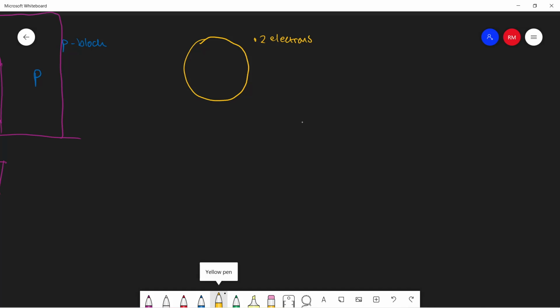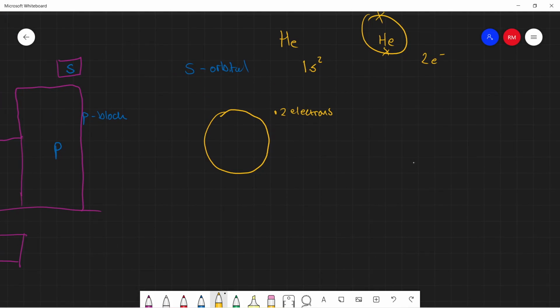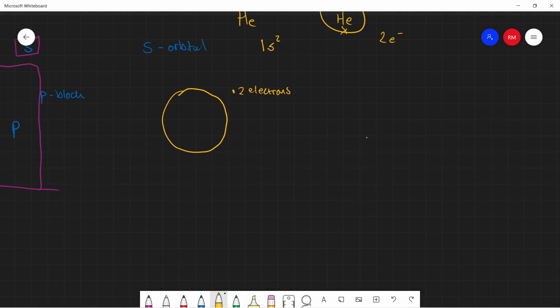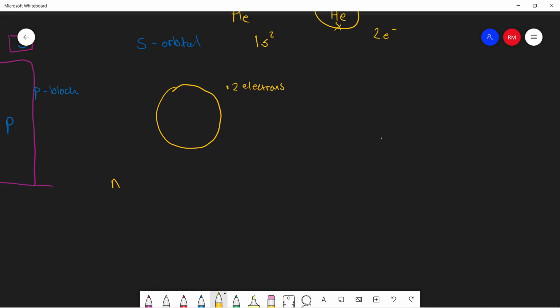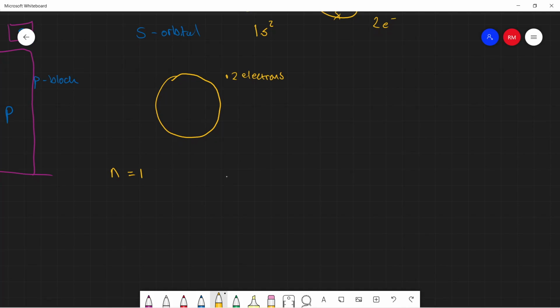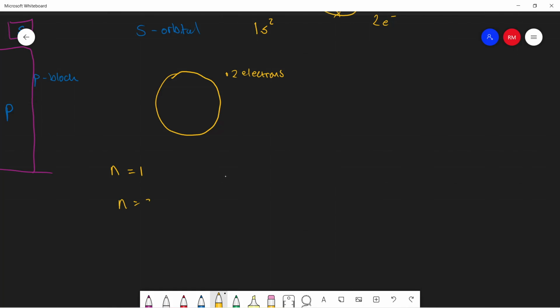So, I want to clarify what I was talking about, just in case it's a bit confusing. Say, for example, if n equals 1, which is the number of shells, then there's 1 shell around that element, which means there's only going to be an s orbital. But if n equals 2, then we're going to have a 1s orbital and a 2s orbital.